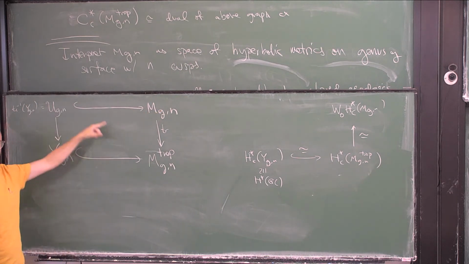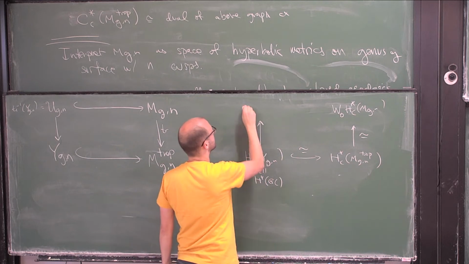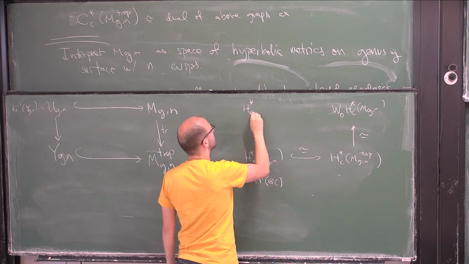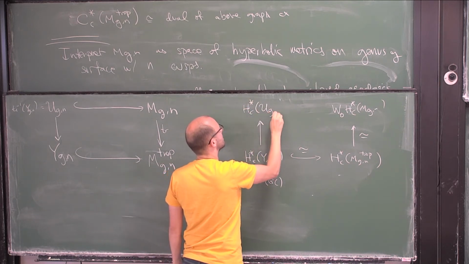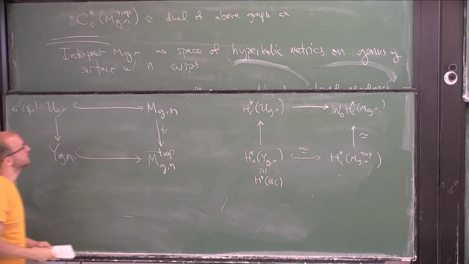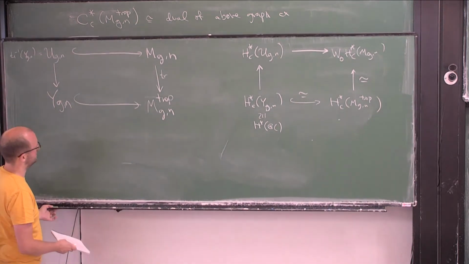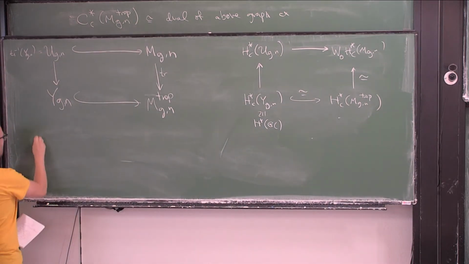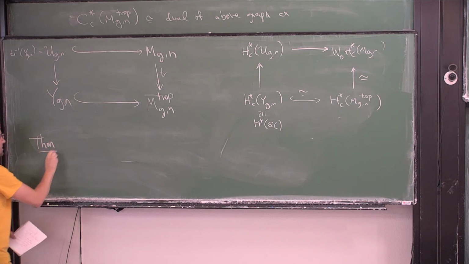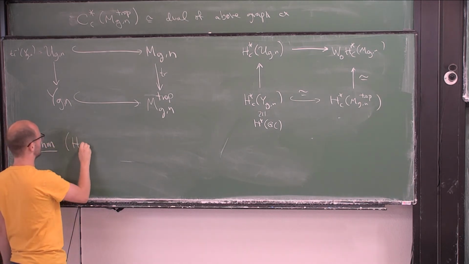And this diagram commutes. And what is this space UGM? That's maybe not so clear, but it turns out that this is actually a very nice space. And that's the point in the talk.